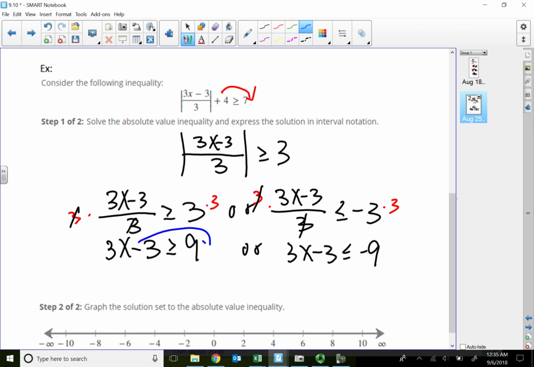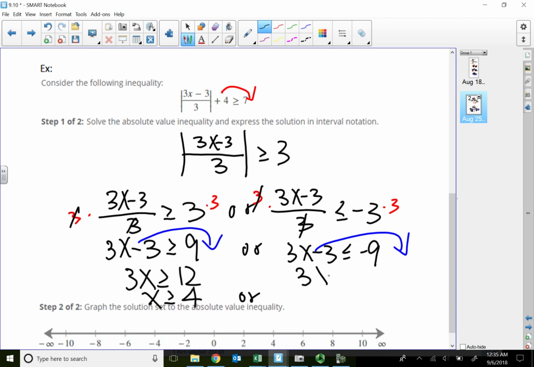Alright, move the negative 3 over to the other side. This is 3x greater than or equal to 12. x is greater than or equal to 4. Or my answer can be, this is 3x less than or equal to negative 6, right? Negative 3 will become positive. Divide both sides by 3, x is less than or equal to negative 2.